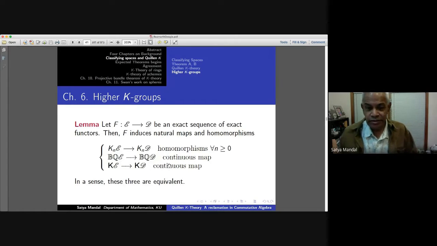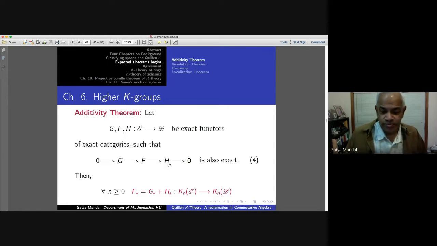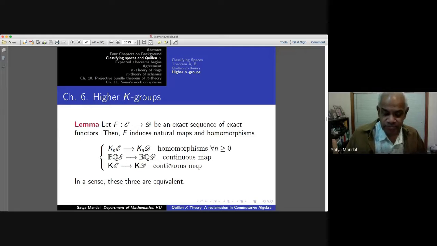Okay, even for projective modules, K4 and all, there is no good description. Okay, I mean, that's the kind of work commutative algebraists can do. Unfortunately, even K1 is not well understood, far from being well understood.